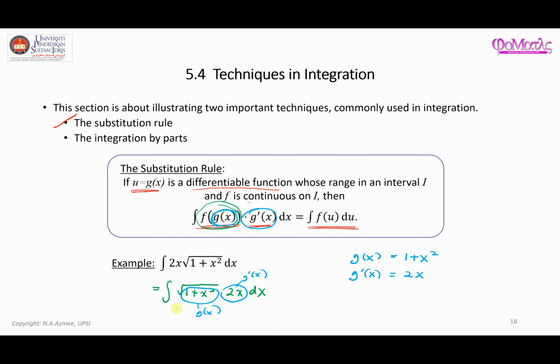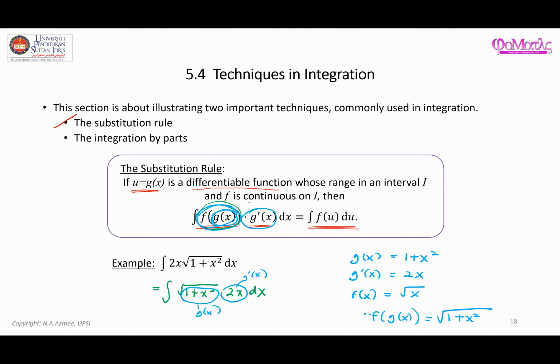My f(x), based on this, is just the square root of x. So when you have f composed of g(x), that will give you the square root of 1 plus x squared as such.